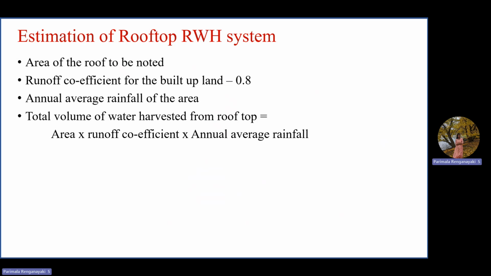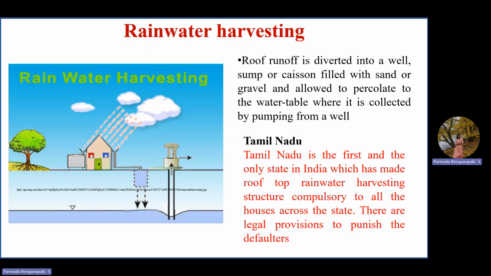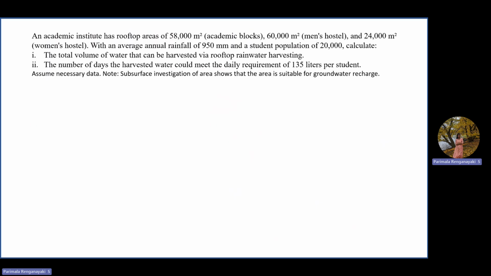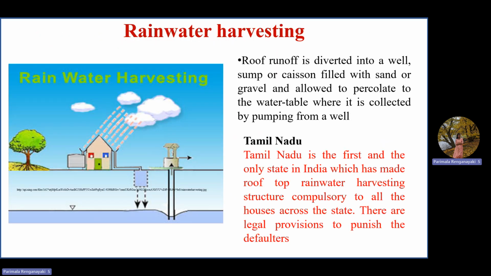Now, for a small calculation we can do: how much volume of water can be stored using this rooftop harvesting system. It is a rainwater harvesting system, but from the roof. Roof runoff is diverted into a well. So first, we need to take the area of the house.